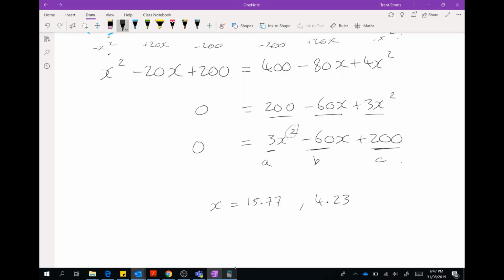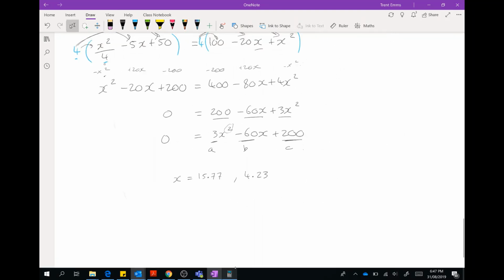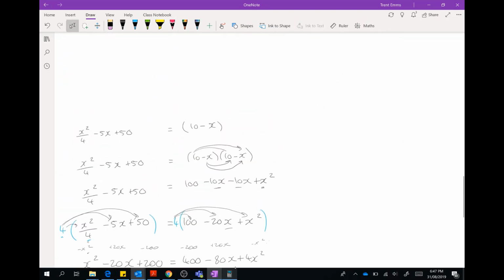So we're going to have to investigate that, see why we're getting two values, see if they both make sense or if only one makes sense.